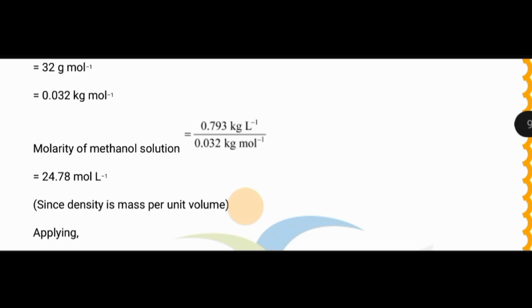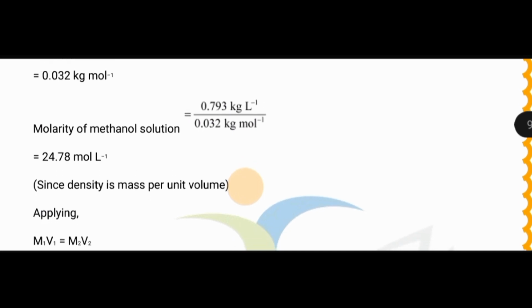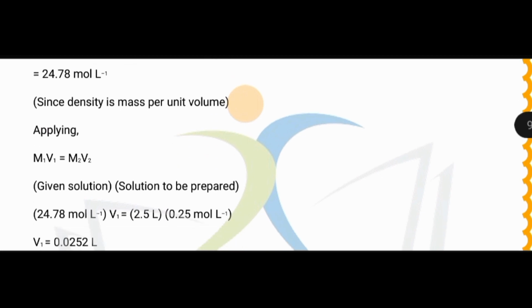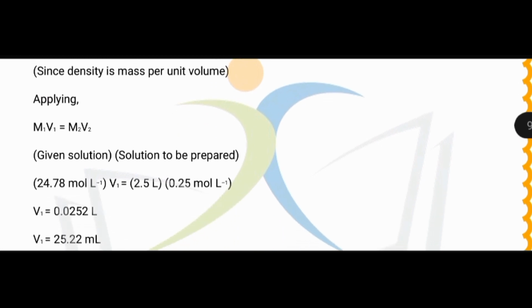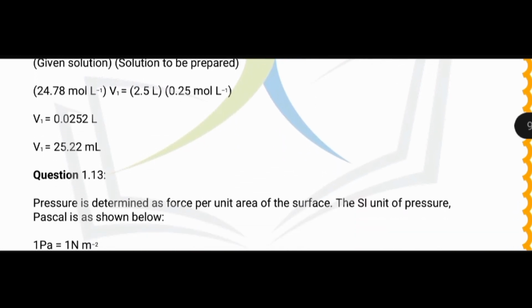That will be the moles per liter. That is 0.793 kg per liter divided by 0.032 kg per mole. So by this you can calculate the molarity, that it comes out to be 24.78. By this you can use it in the given equation and you can easily calculate V1.